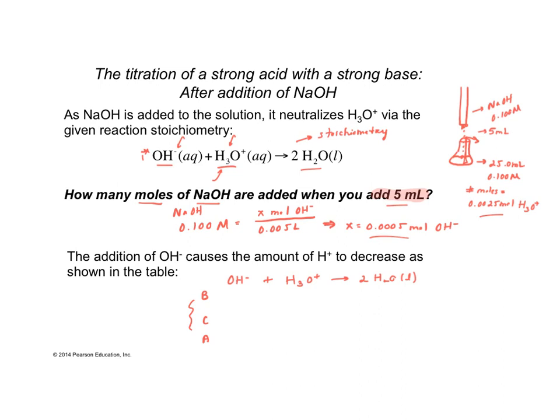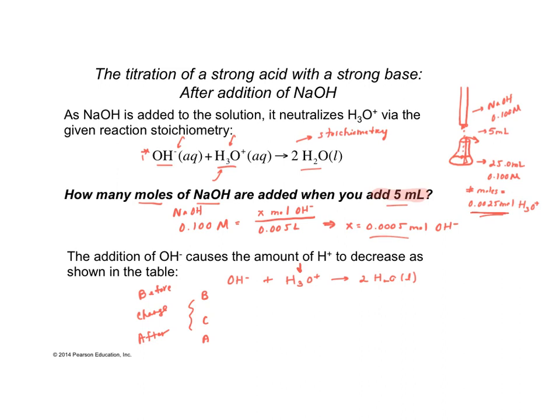We're going to say what we had, what we've added, how it's changed, and what we have after. B stands for before, C stands for change, and A stands for after. Again, this is not an ICE-based thing, so we're not going to be using any X's or anything like that.